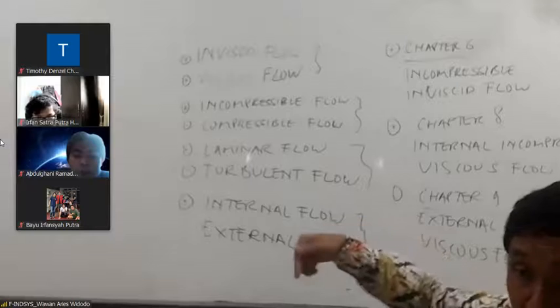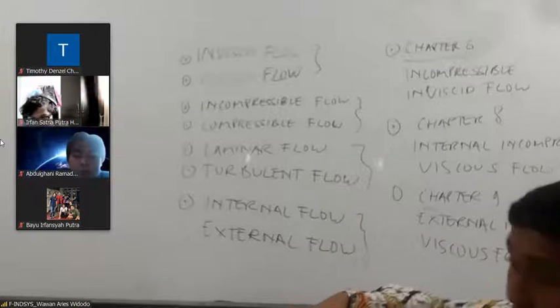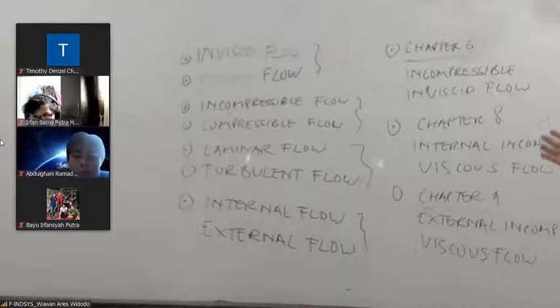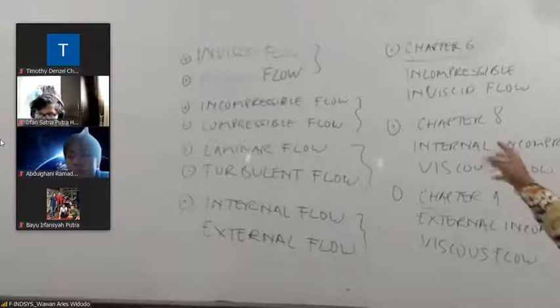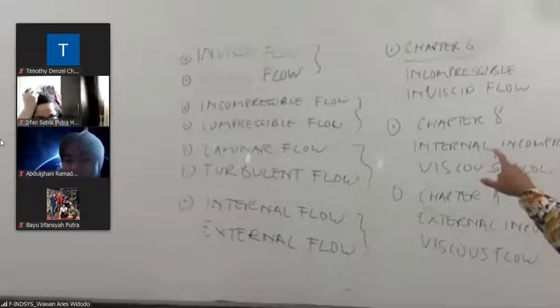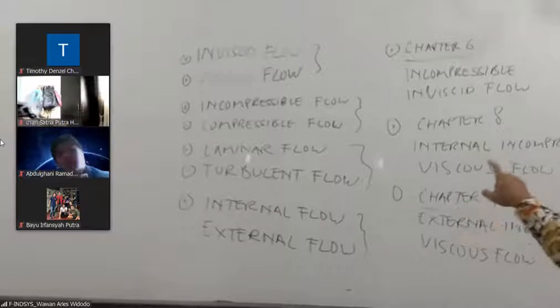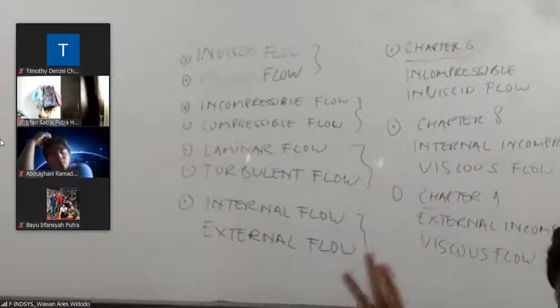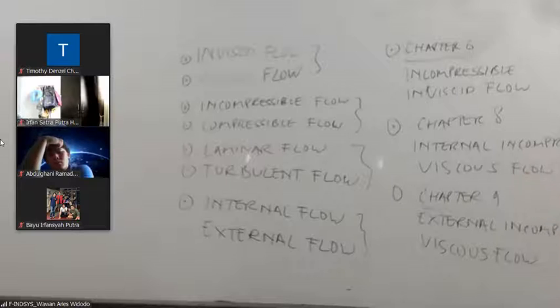And then in this Fluid Mechanics 2, you can see in chapter 6, chapter 8, chapter 9, there is this combination of terminology, incompressible inviscid flow. In chapter 8, the definition here is internal incompressible viscous flow. In chapter 9, external incompressible viscous flow.